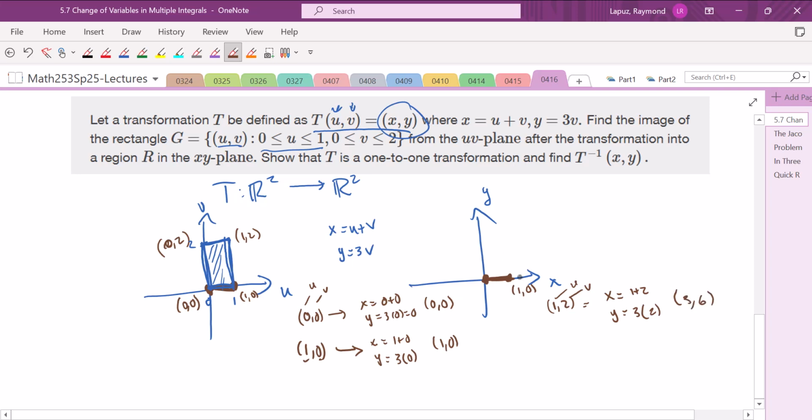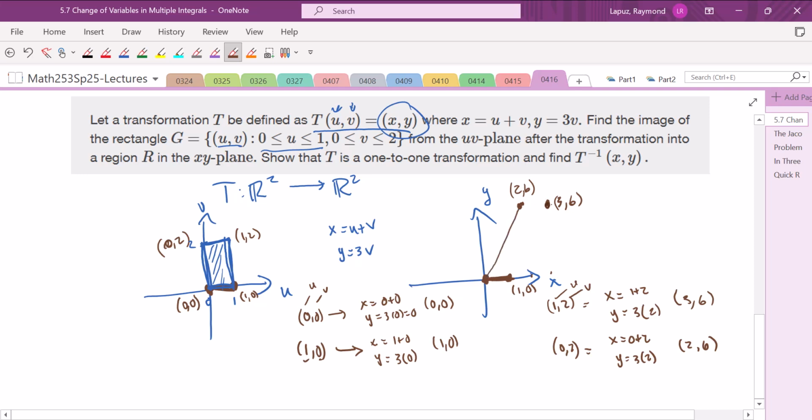So now I go 1, 2, 3, 1, 2, 3, 4, 5, 6, somewhere over here. All right. And then I figure out what happens to 0, 2, and my X is going to be 0 plus 2, and my Y is going to be 3 times 2. So that's also 6. This time it's 2 and 6. So 2, 6 would be over here.